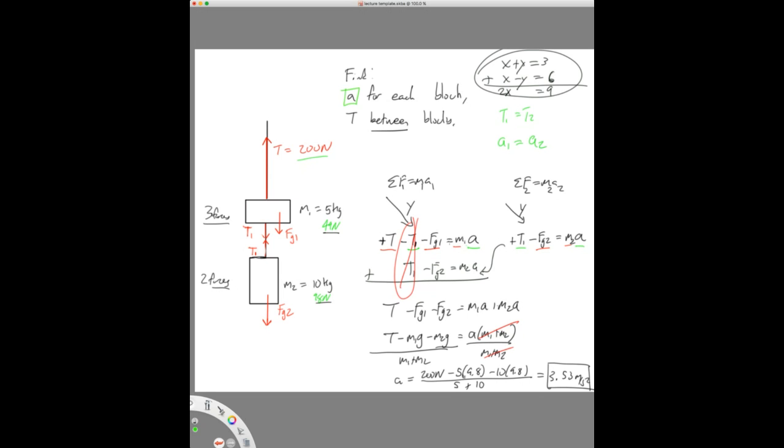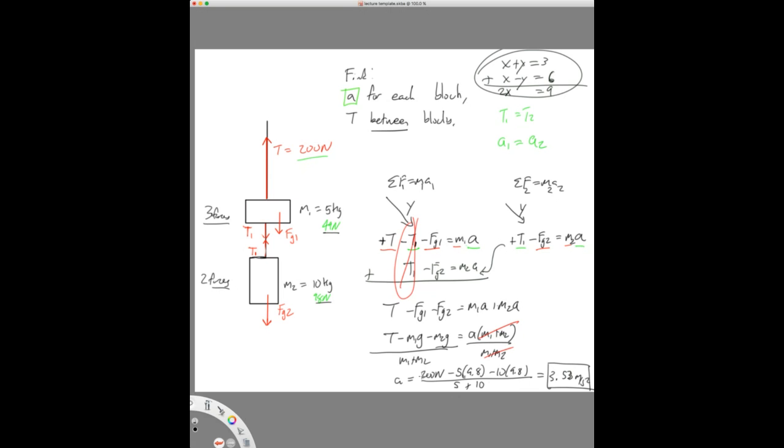And then what we get is a system of equations. Really, ultimately, it boils down to two equations with two unknowns once we think about it for a bit. Then we add those equations to eliminate one of the variables, and we solve for the variable that remains, which in this case is acceleration.